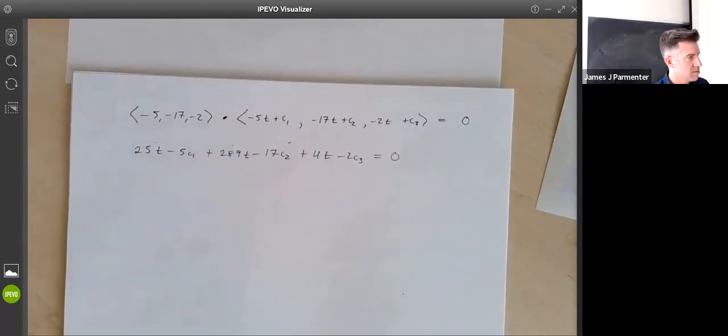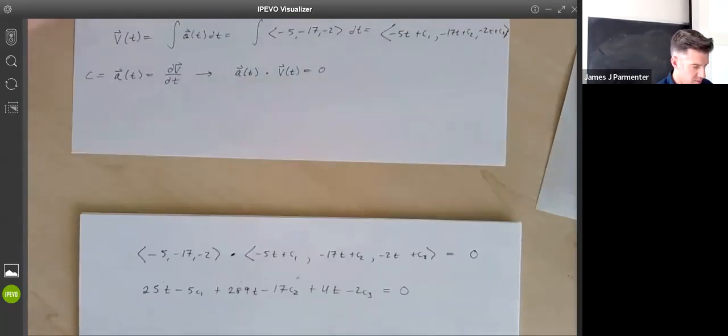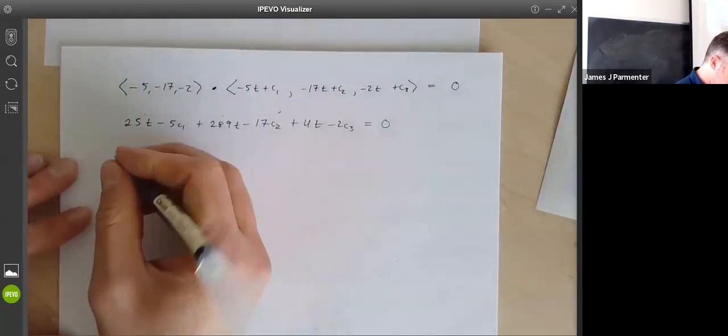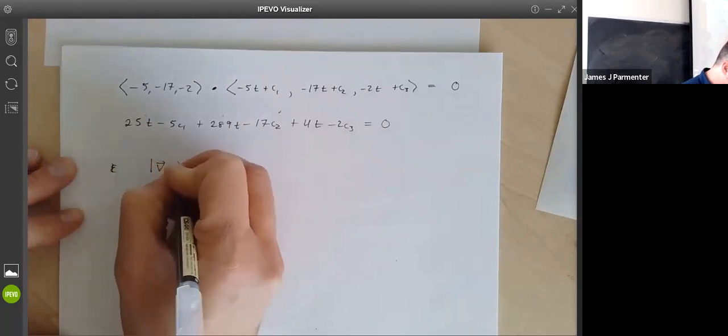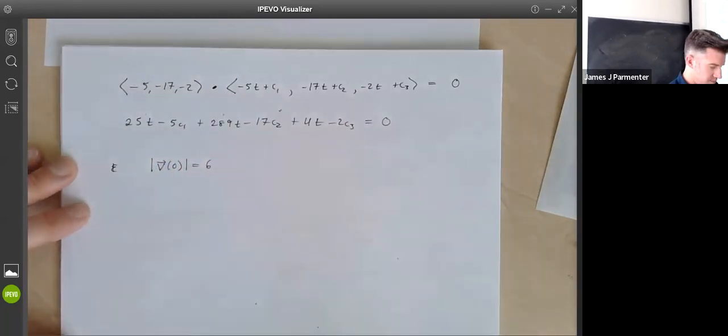What else do we know? We also know the magnitude. Oh, well, sure. We also know that the magnitude of v of 0 should equal 6.